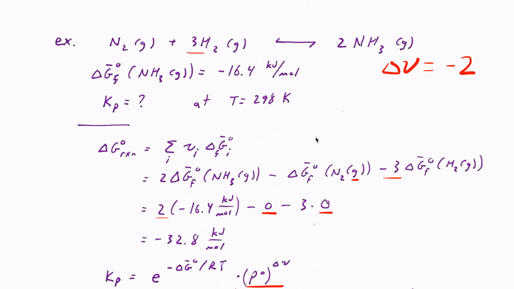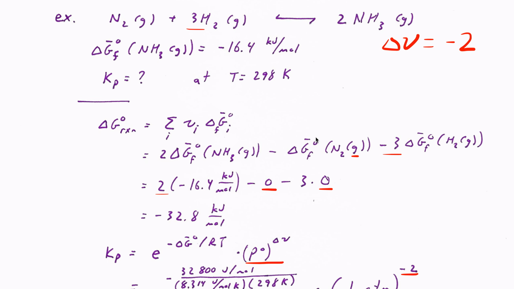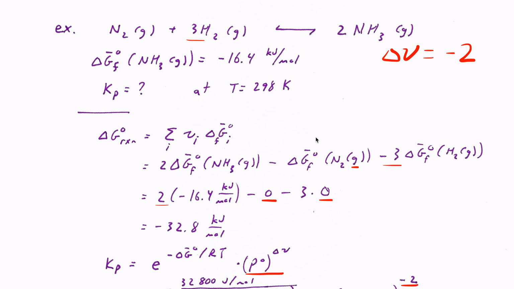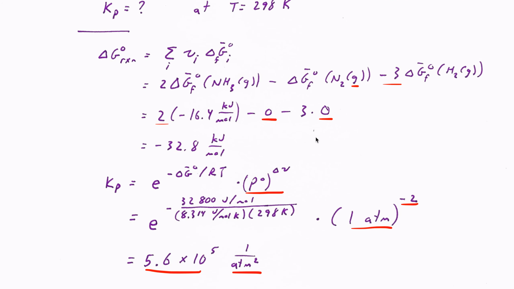In fact, usually what we do is not what was done in this problem. Usually in lab we can set up a reaction and measure how far it goes towards completion, measure how much of each product and reactant we have, calculate a Kp value from that, and then that's often how we can calculate a delta G for the reaction. The change in the free energy for the reaction is from the Kp that we can measure fairly easily experimentally.